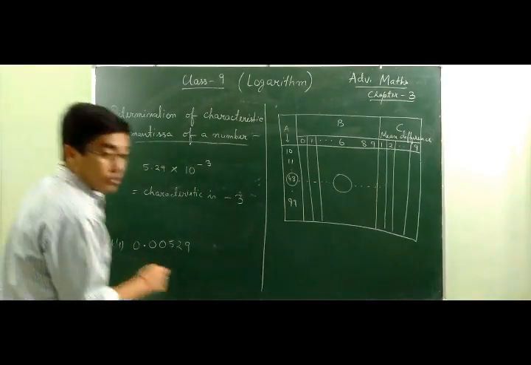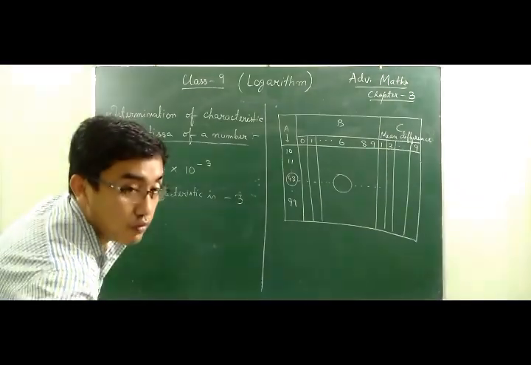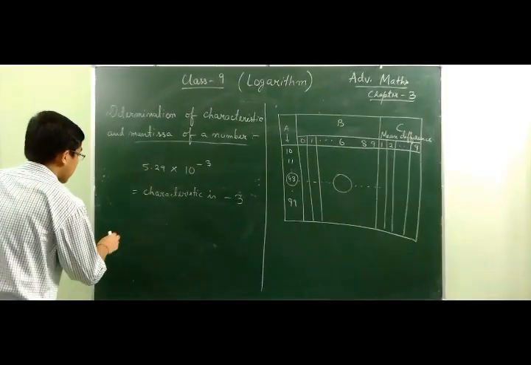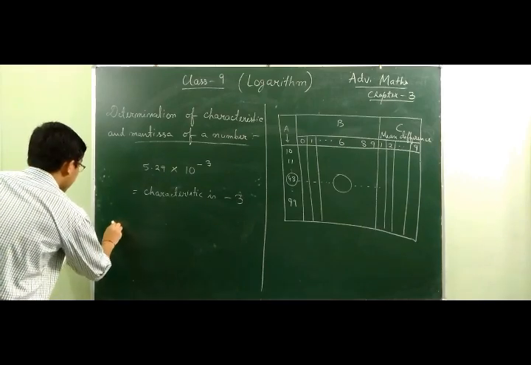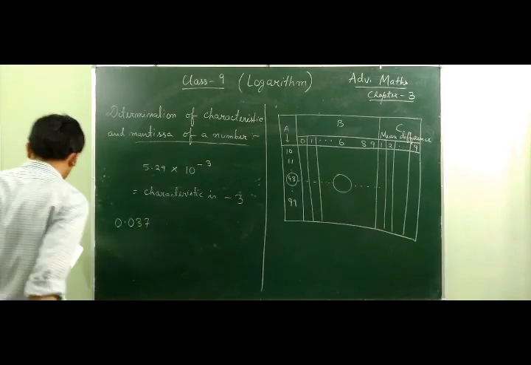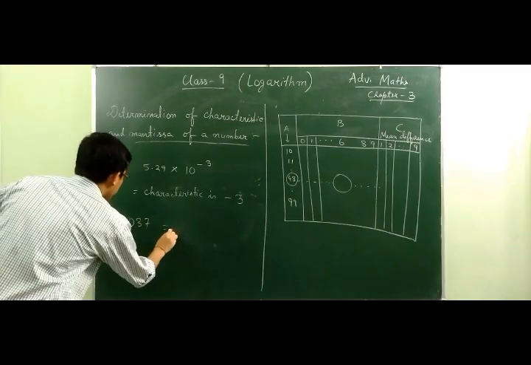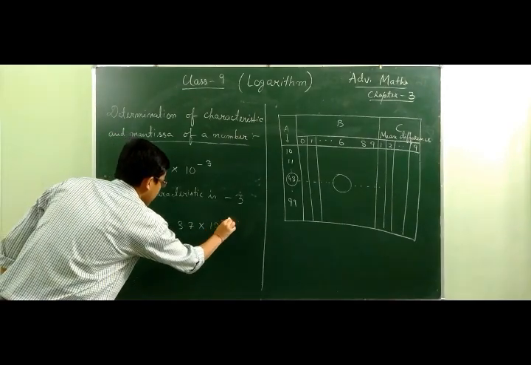Okay, let us do one more last example of this type, and after that we will move on to the next definition, that is Mantissa. Say if I take 0.037, this one I can break in this manner, 3.7 into 10 to the power minus 2.